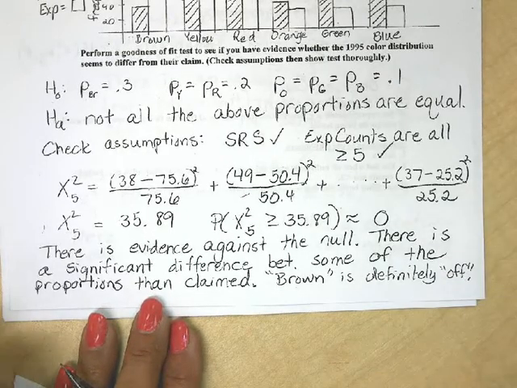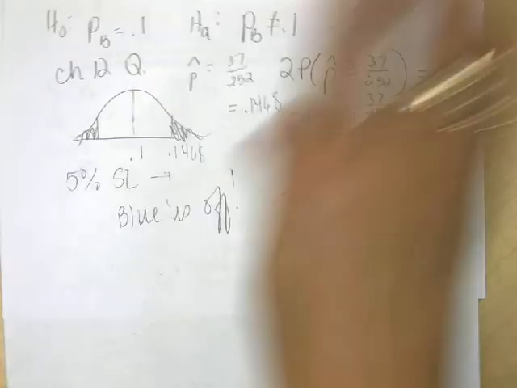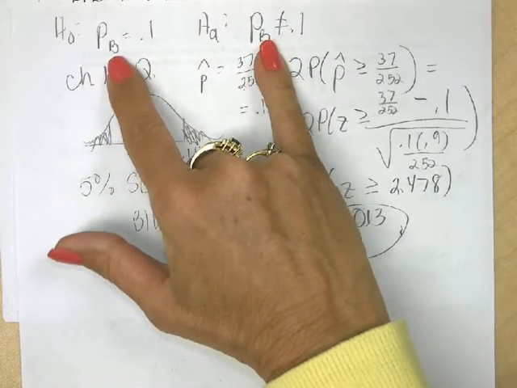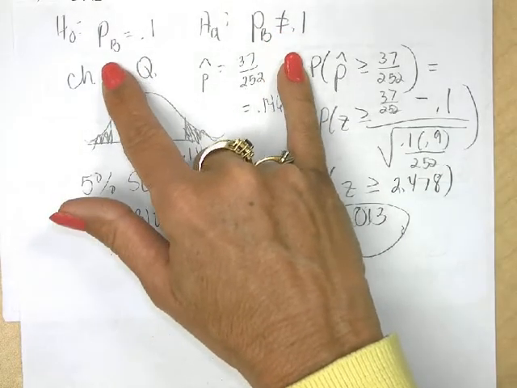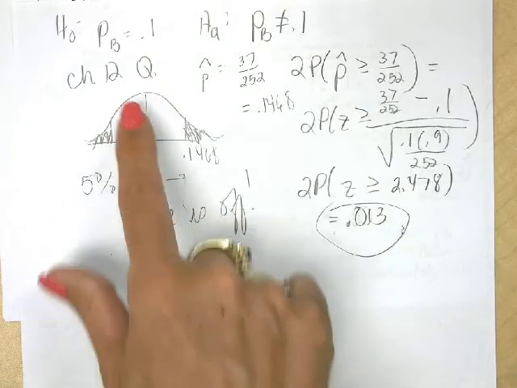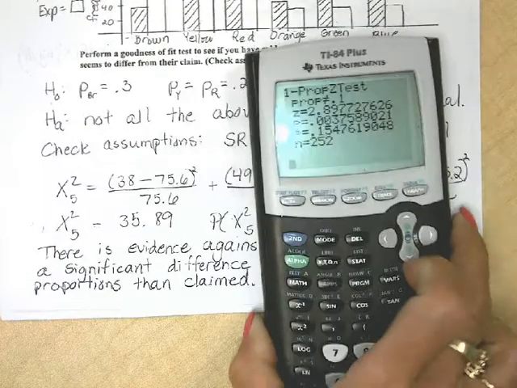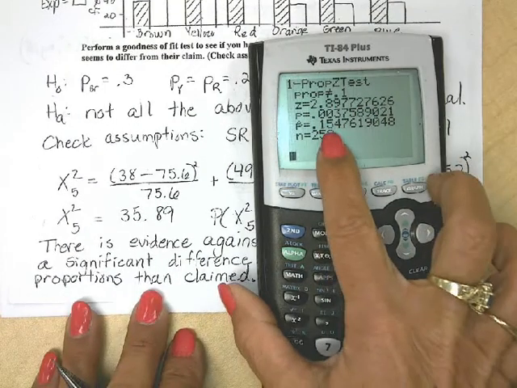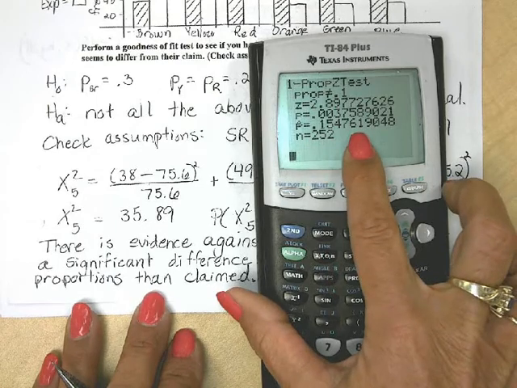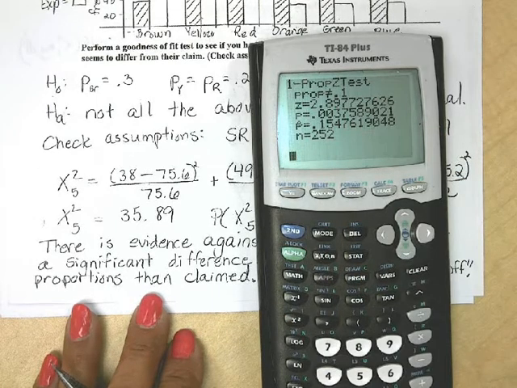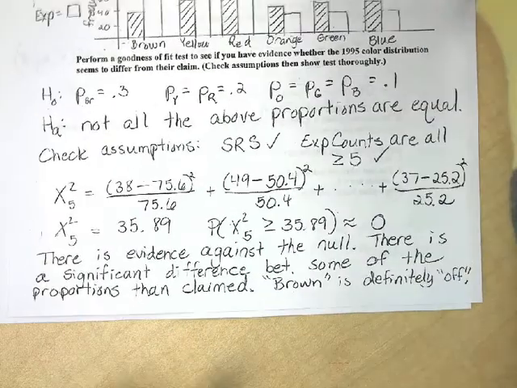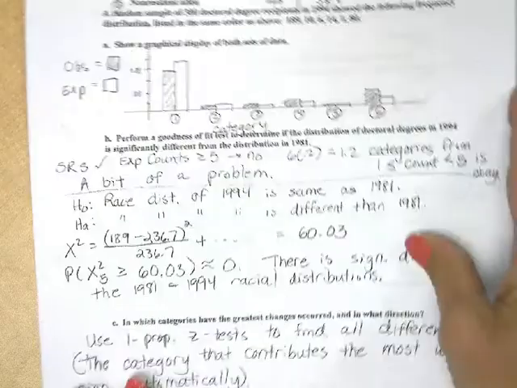You could tell me that you are doing one proportion z-tests, and you could be calculating using your calculator to find what the p-value is for each of these different proportion tests to determine whether you have significance or not. All right, so let's look at this last one, and then you'll be ready to practice.